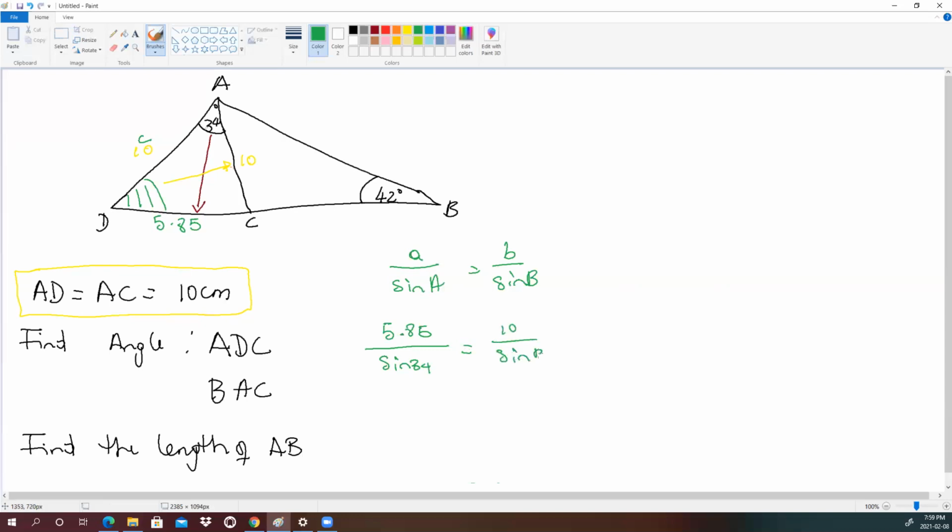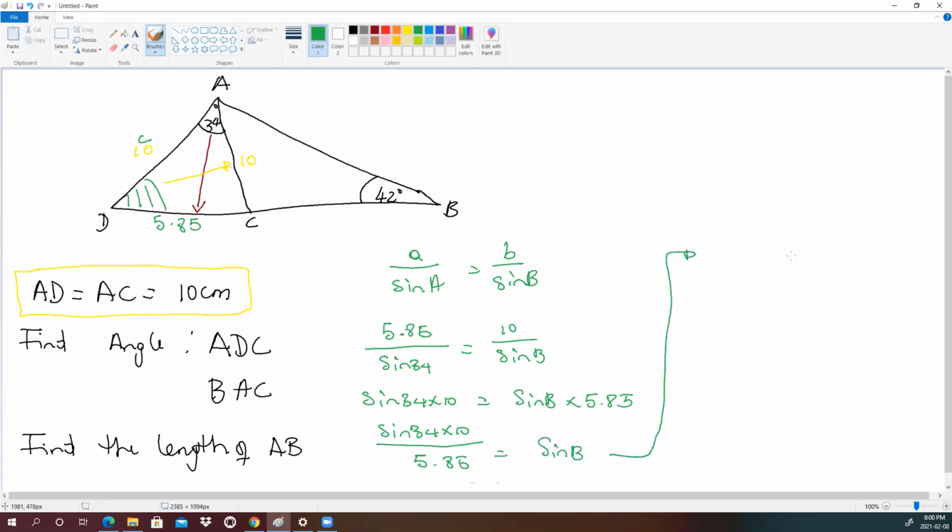All right, great. So then we end up with sine 34 times 10 equals sine B times 5.85. So sine 34 times 10 all over 5.85 equals sine B. I'm just going to carry it up here.